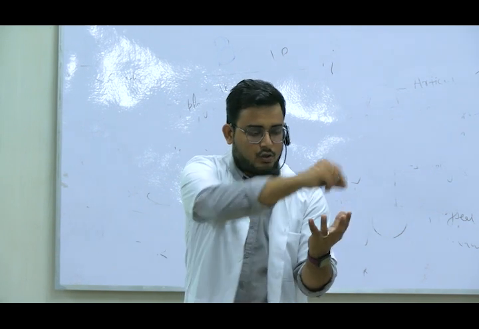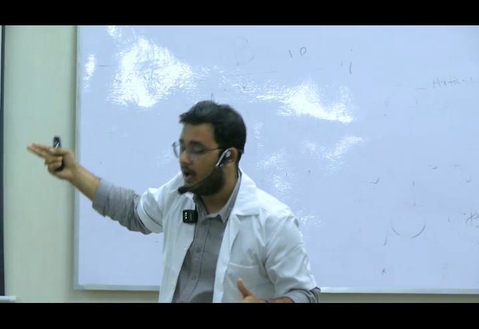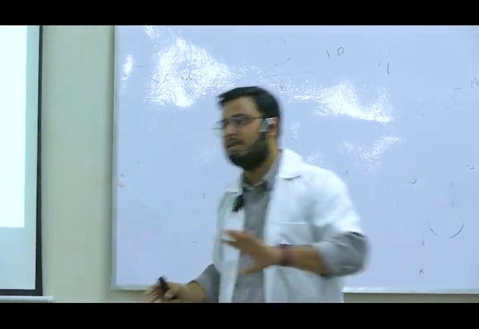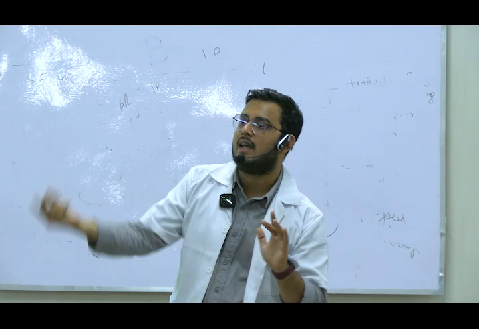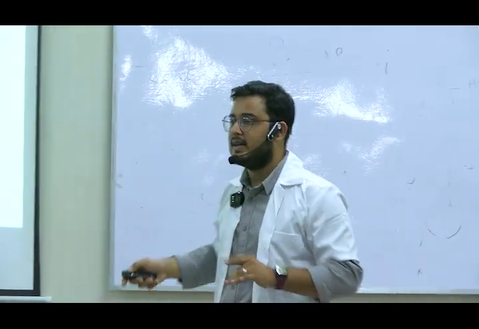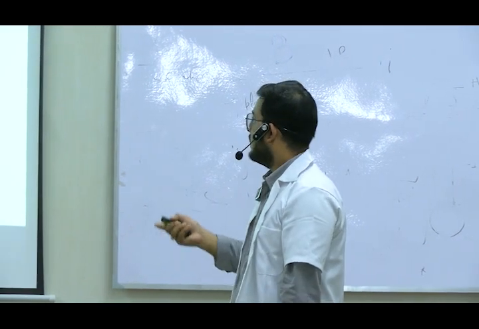So transferrin has lots of space for binding with iron. Automatically the total iron binding capacity will increase, but the saturation level is reduced, because less iron has bound to it. So these are the parameters we check for iron deficiency anemia.